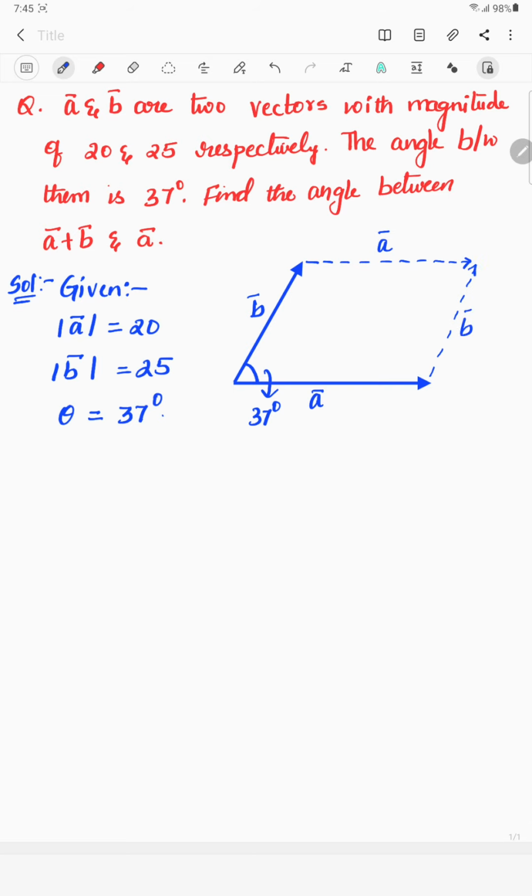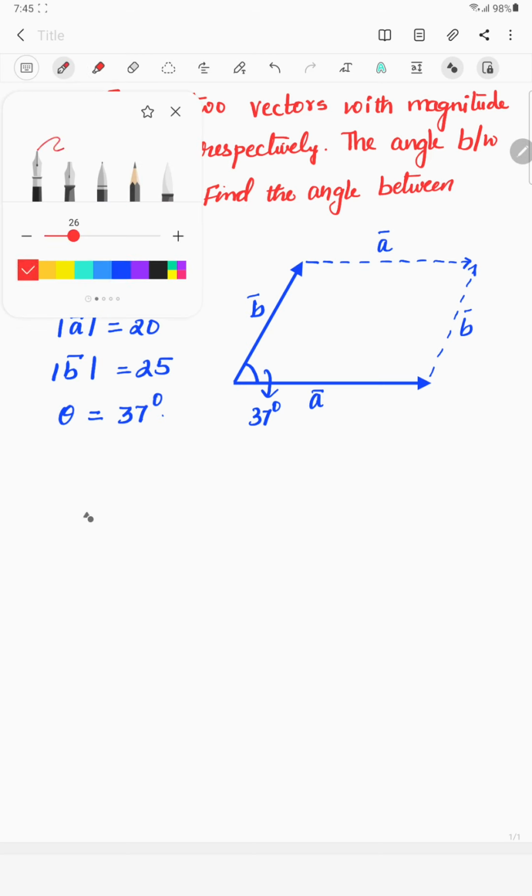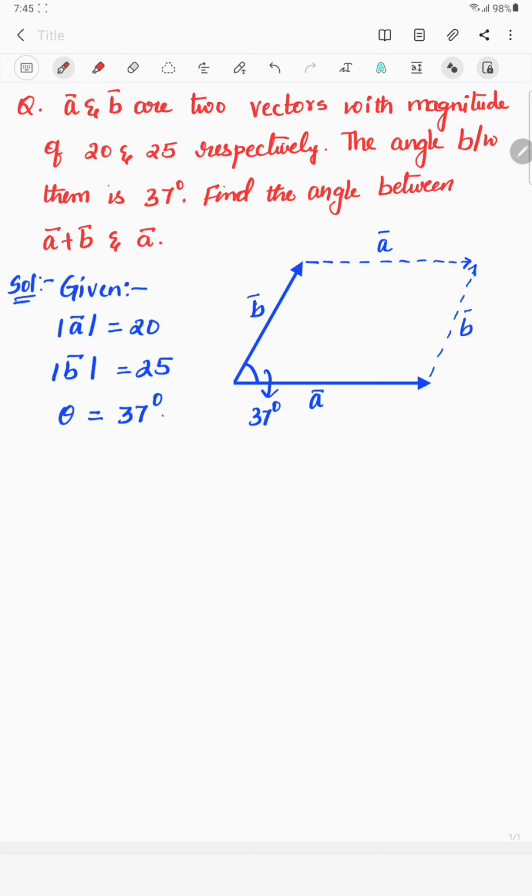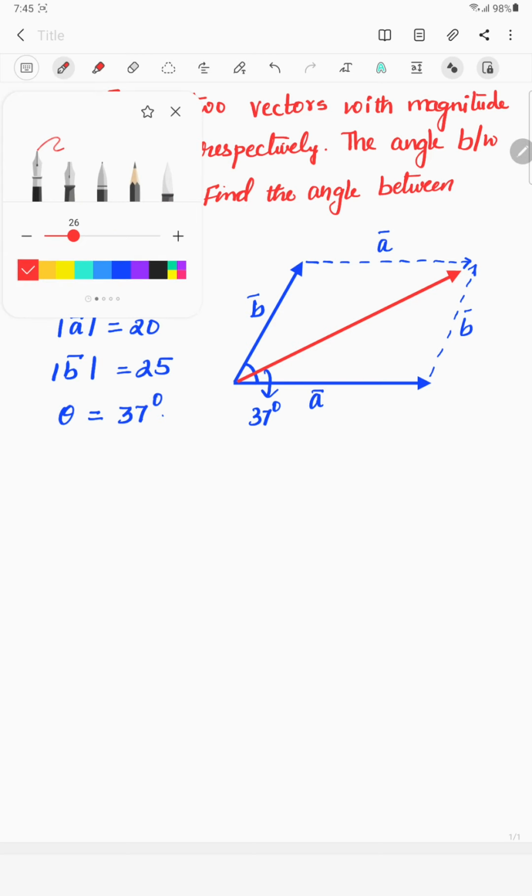Thus this is a parallelogram, and according to the parallelogram law of vector addition, if A bar and B bar are your adjacent sides, then the resultant, that is A bar plus B bar, will be its diagonal. You can see this is the resultant of A bar plus B bar.